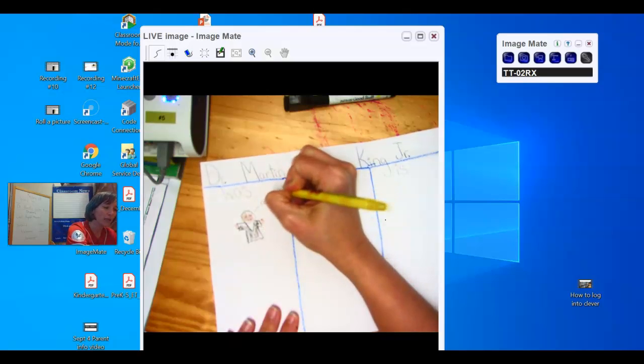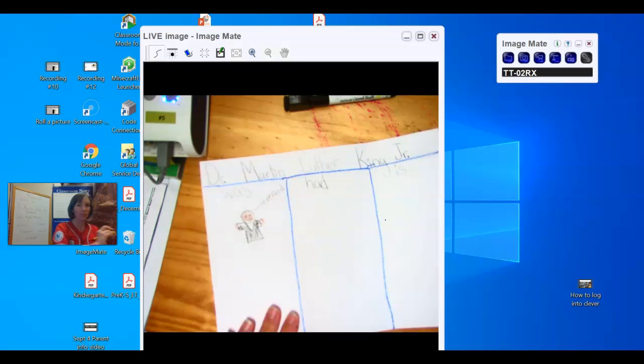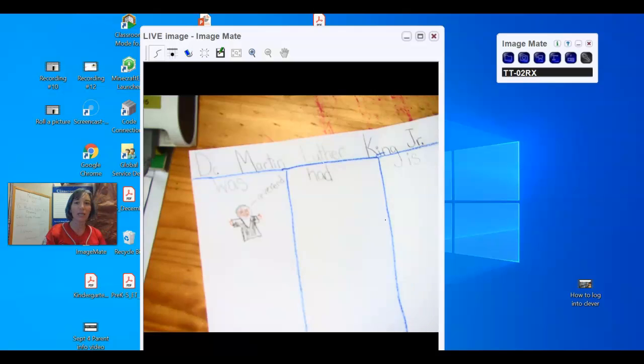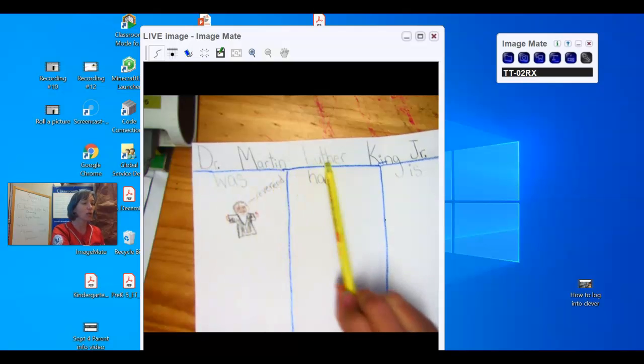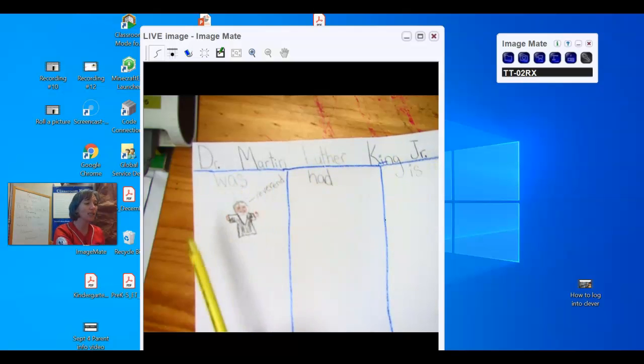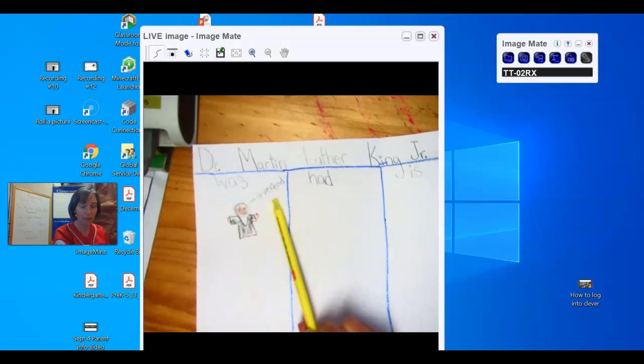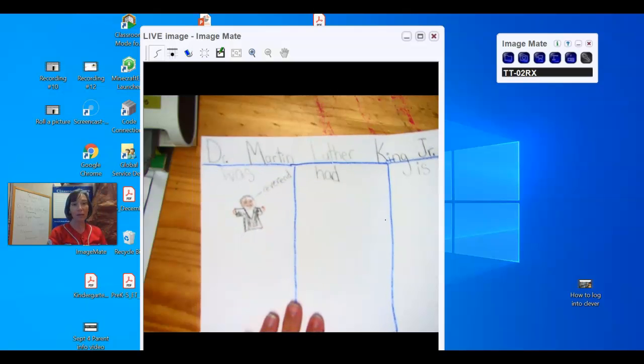Reverend. And there you go. Now I have something I've added to my note taker, and I have something that Dr. King was. And I can practice saying my sentence. Dr. Martin Luther King Jr. was a reverend. That's something I have in my notes.